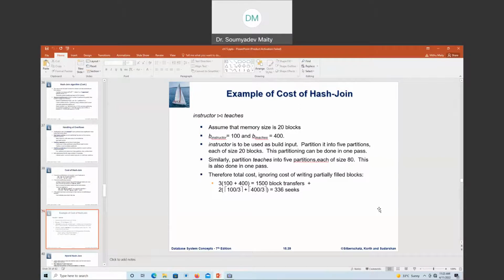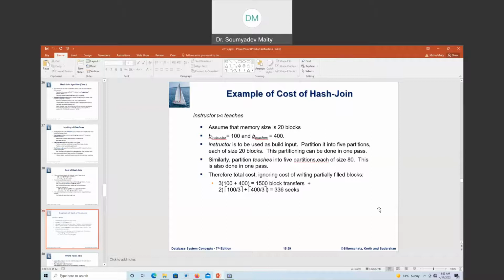So basically, we have discussed three join algorithms: nested loop join, block nested loop join, and indexed nested loop join. You can study the algorithms along with their worst case, best case costs in terms of number of block transfers required and number of head seeks required to perform the operations.